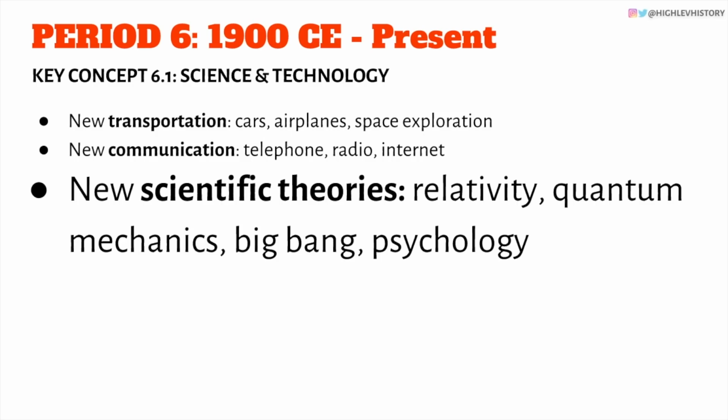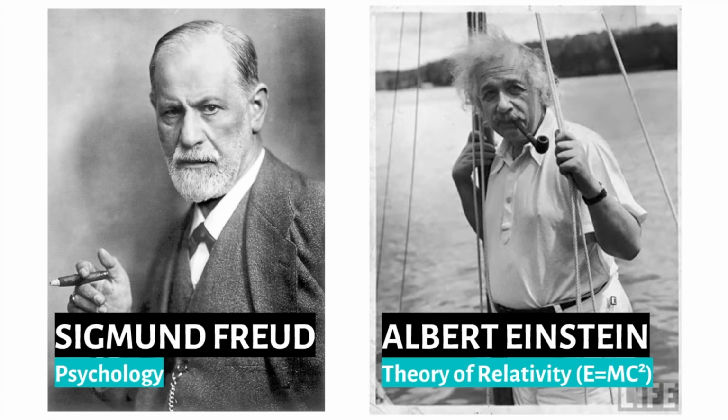New scientific theories are going to really change how we understand our natural world, and ourselves, our society. You've got scientists like Sigmund Freud, who is a major thinker in psychology, and will really change the way we understand human thought, the human psyche, right?